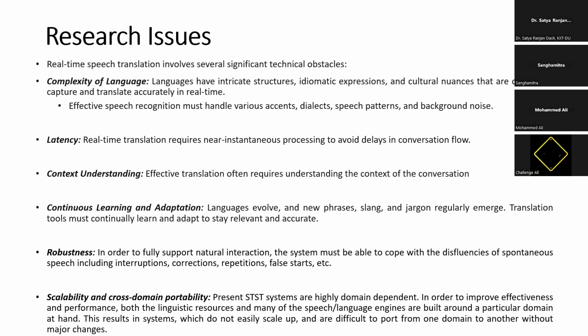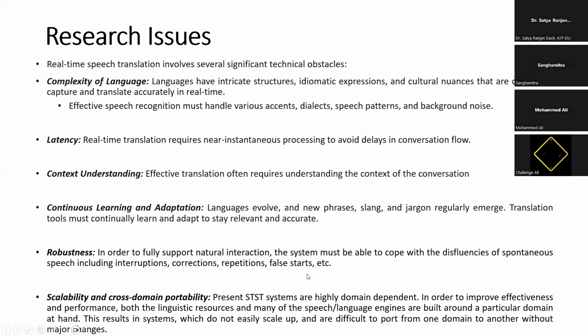Then another challenge is to develop a robust speech-to-speech translation system. Robust in the sense that this system should be able to cope with all the disfluencies of spontaneous speech, for example the interruptions, the fillers that we use in natural speech, the repetitions, sometimes the false starts. All these things should be handled by the speech-to-speech system accurately.